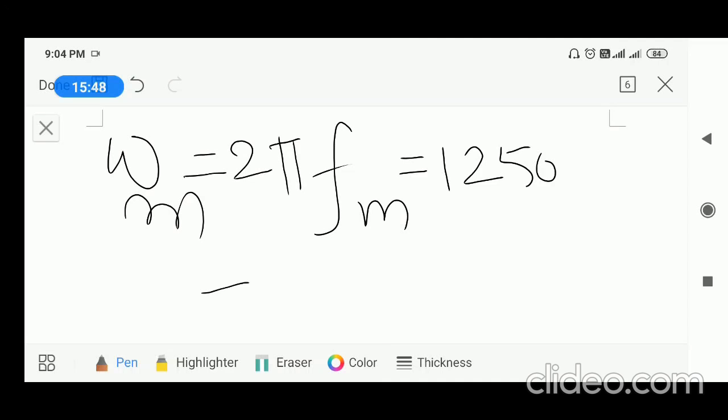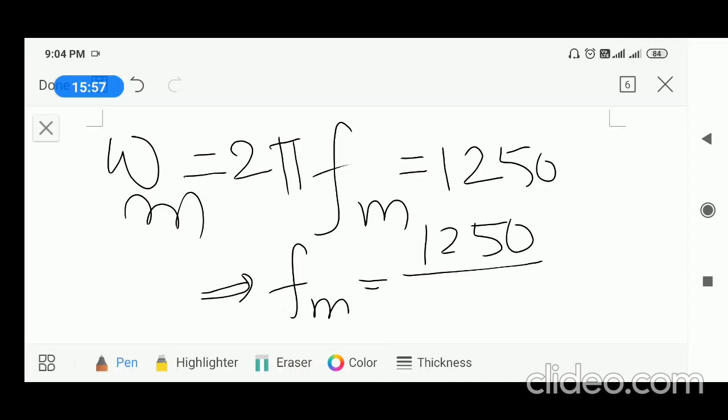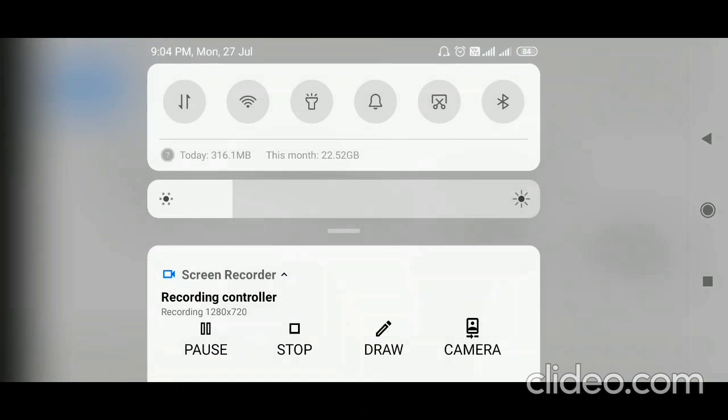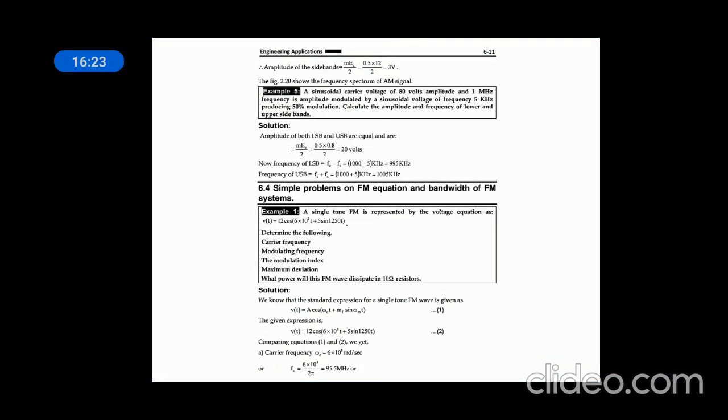So when you bring all the terms onto the RHS and keep fm on the LHS, you get fm equal to 1250 divided by 2 pi, where 2 pi is 2 into 3.14, which is 6.28. 1250 by 6.28 is 199 hertz. This is the value of modulating frequency. Modulating frequency is 199 hertz. The next is modulation index.